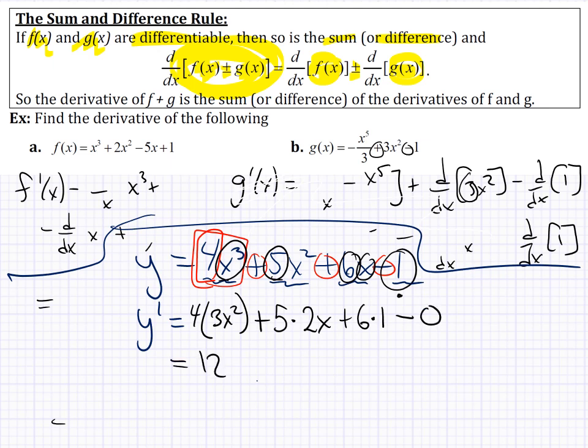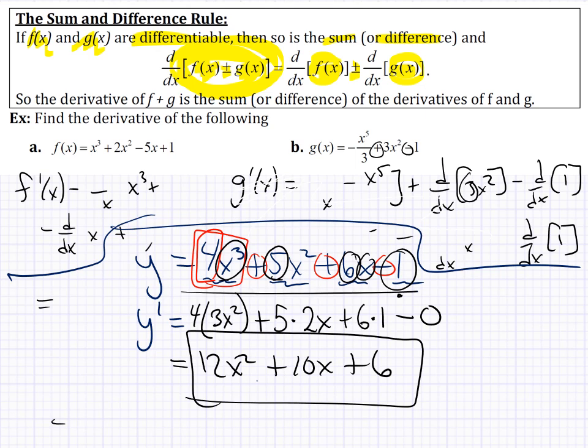So I end up with 12x squared plus 10x plus 6. There's your derivative of this function. So definitely practice. The more practice you have, the better you get, and that'll help you while we move through and learn more rules. Product rule, quotient rule will be the next ones up.